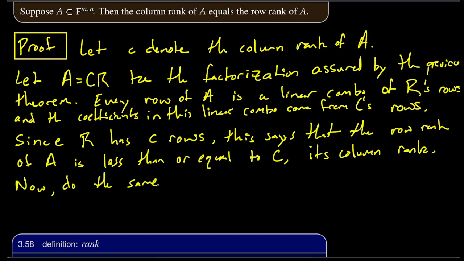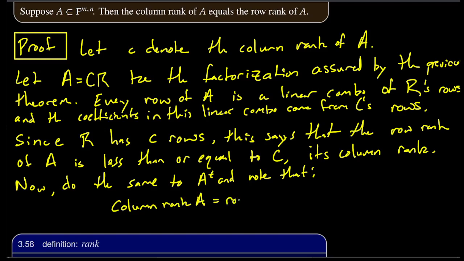do the same to the transpose of A. So from this first part, we got that the row rank of A is less than or equal to c, its column rank. So row rank less than or equal to column rank. Now let's do the same thing for A transpose. Column rank of A, well, since the transpose just turns columns into rows, this is the row rank of A transpose.